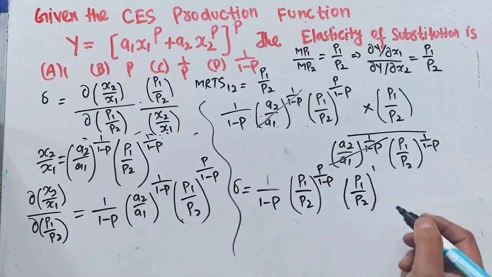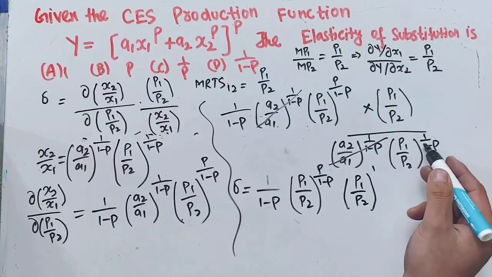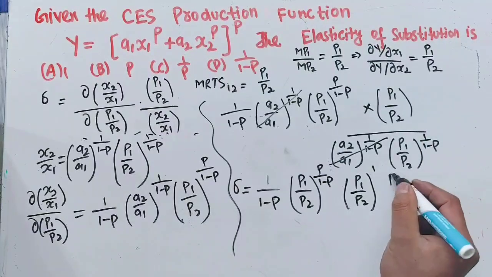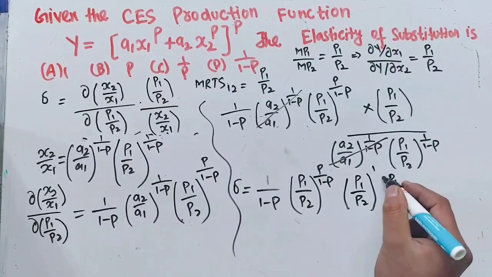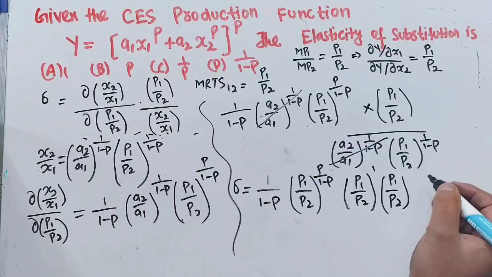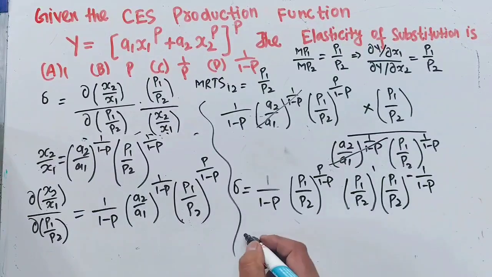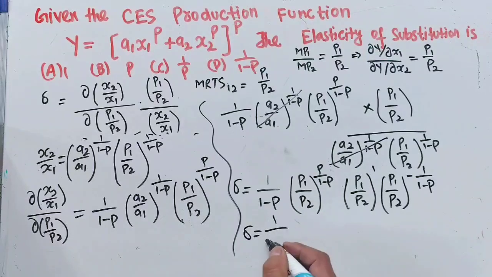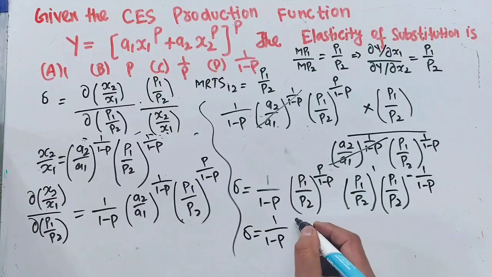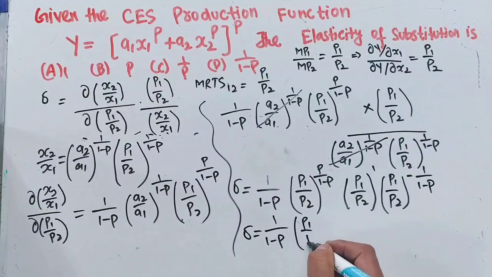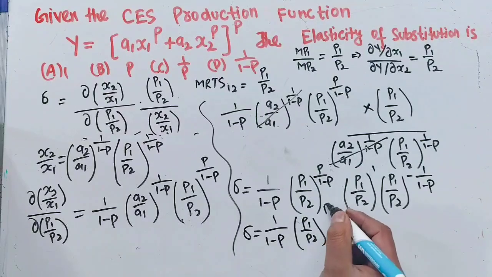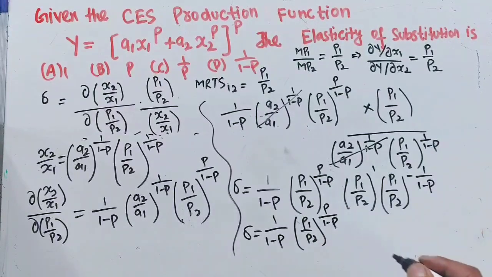Let's raise it to the power 1. If I transpose, the exponent sign changes, so we have p1 upon p2. If it is 1 divided by 1 minus p, it becomes minus 1 divided by 1 minus p. So elasticity of substitution will be 1 divided by 1 minus p. Here we have (p1 upon p2) whole raised power p divided by 1 minus p.